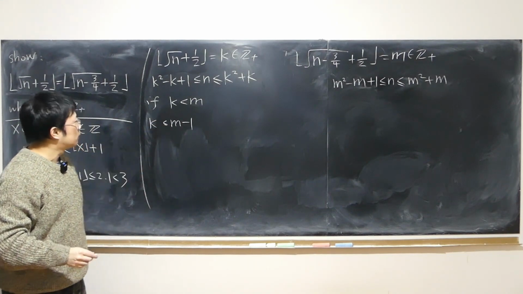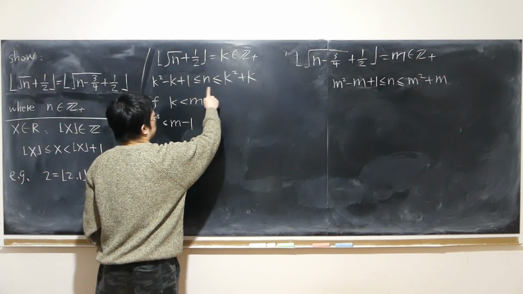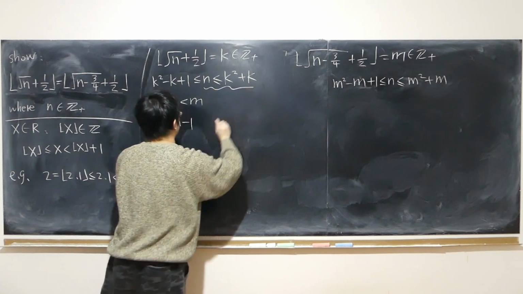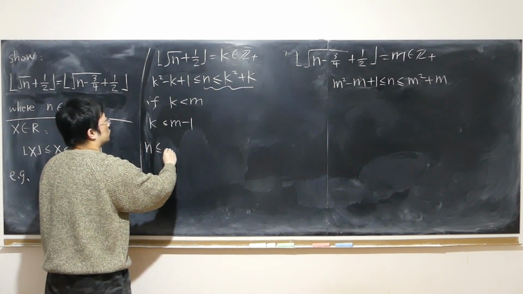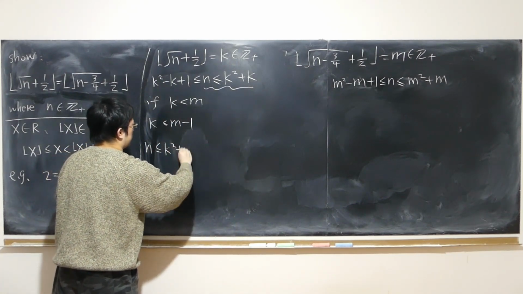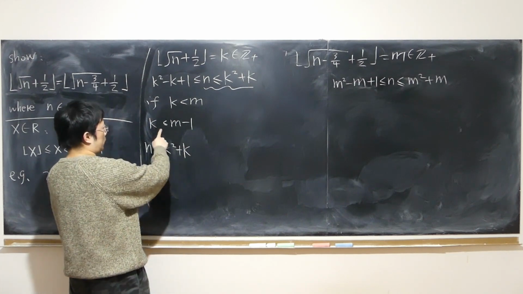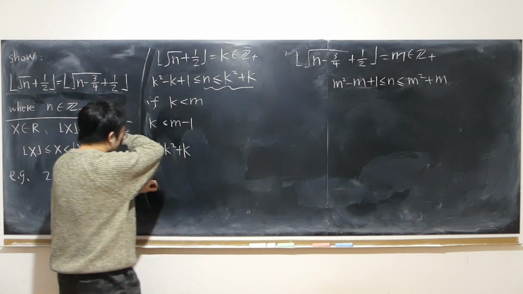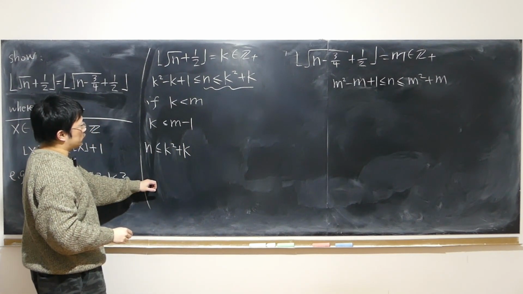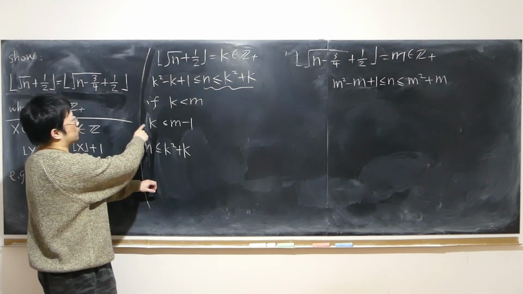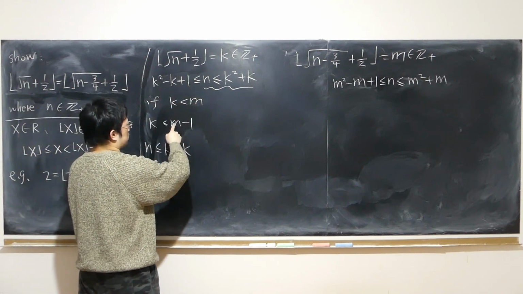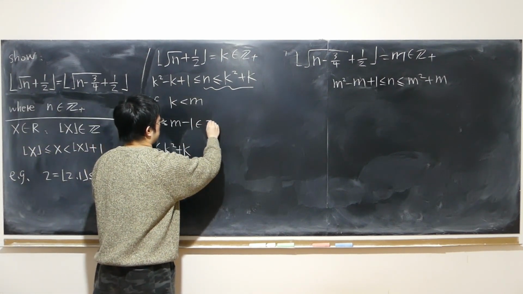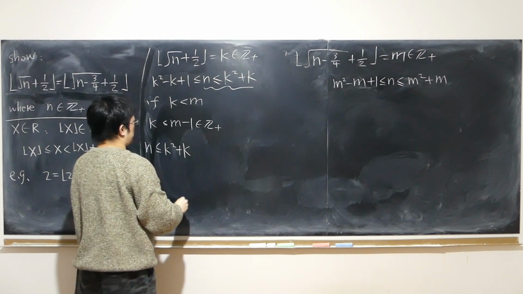That's what I mean. So first of all, I use this part of the inequality: n is less than or equal to k squared plus k. Following my assumption, k is less than or equal to m minus 1. Of course, m minus 1 cannot equal 0, because k is strictly positive, so this must also be strictly positive.